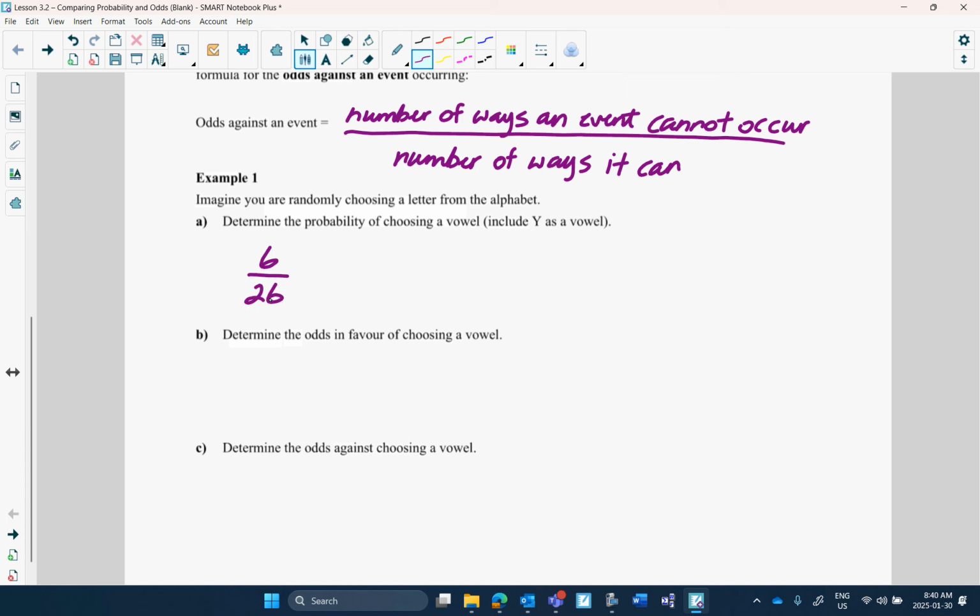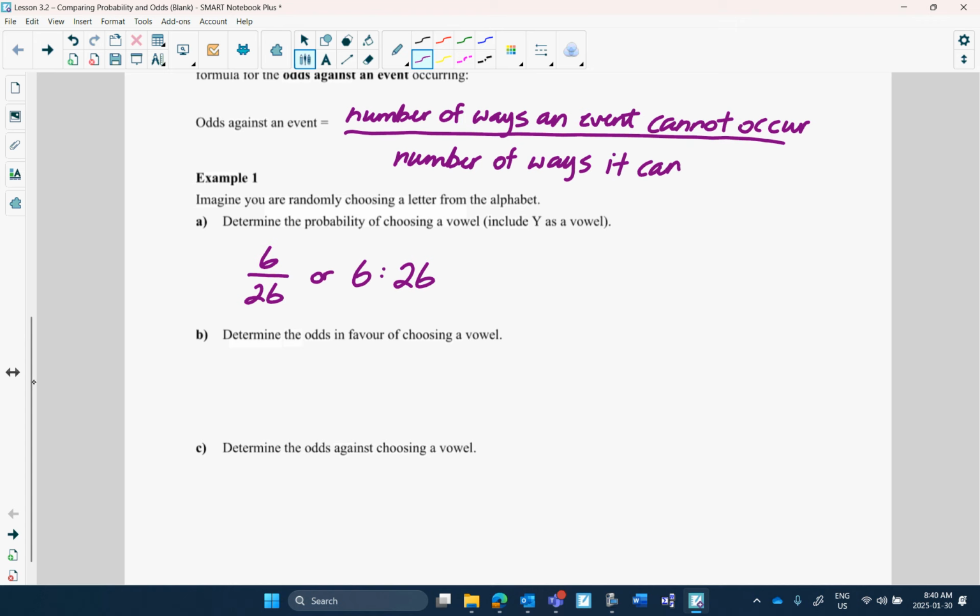Or you could reduce it if you wanted to, but you don't have to. You could write it as a ratio, 6 to 26. And like I said, with odds, you could write fractions and ratios.